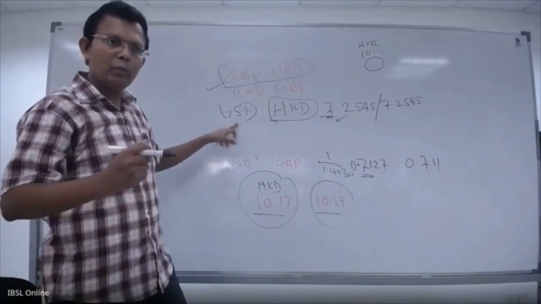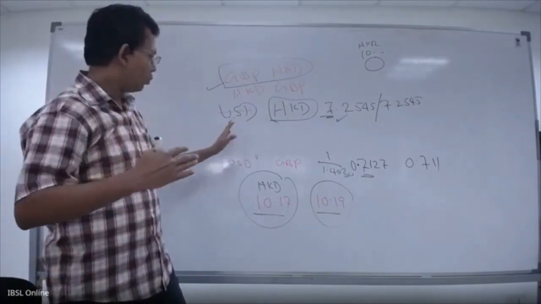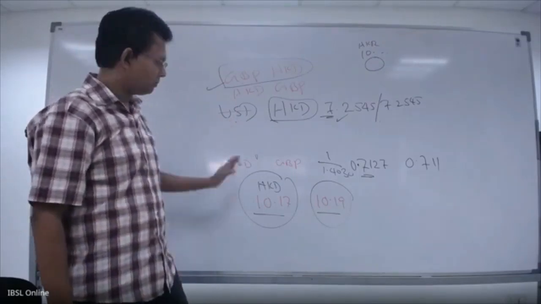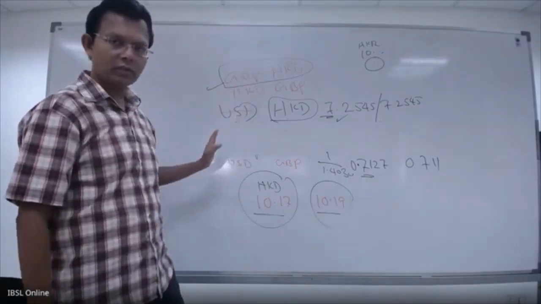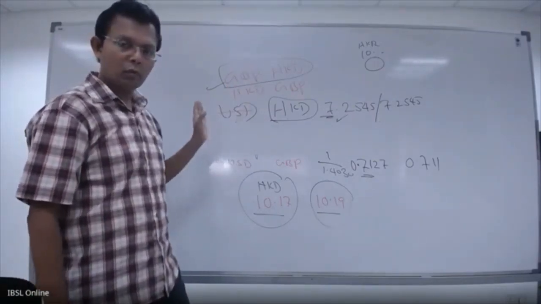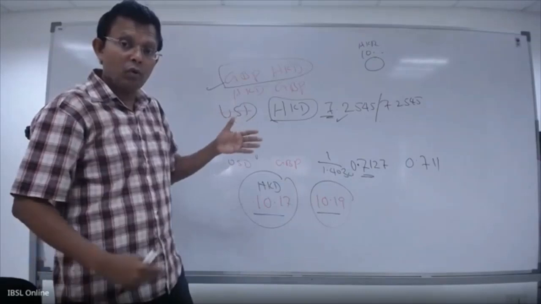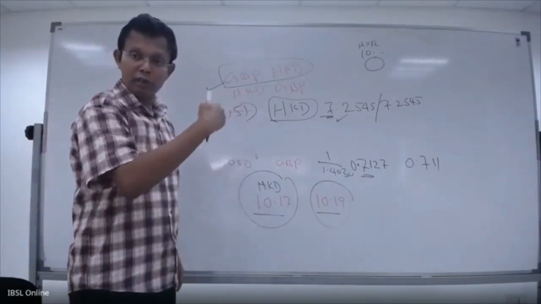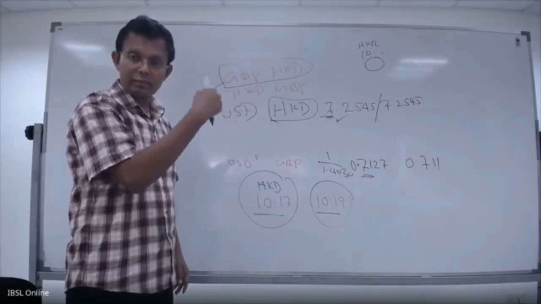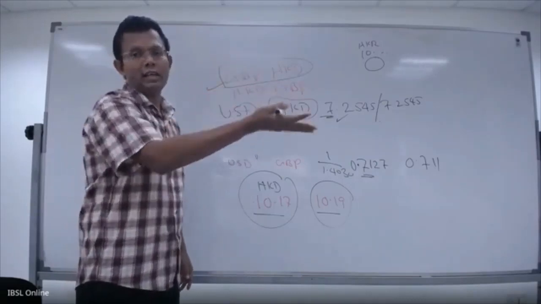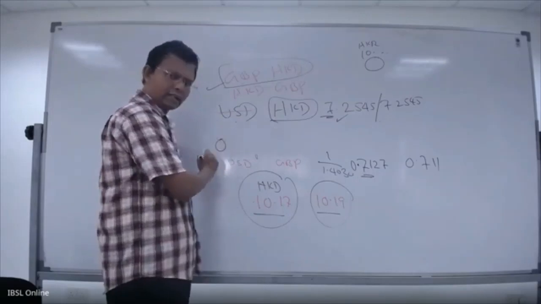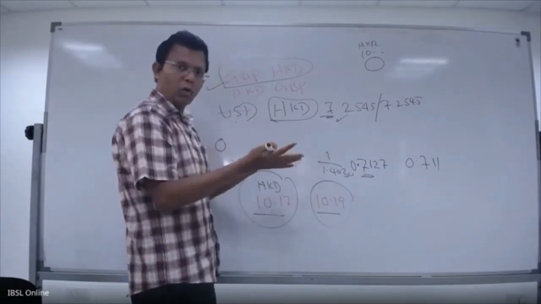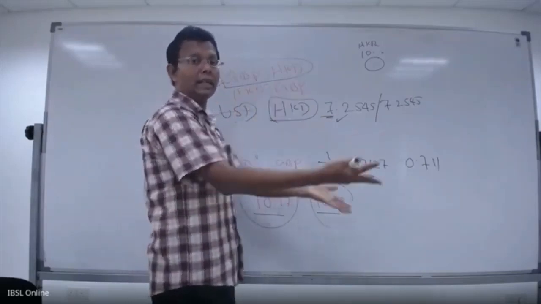Always the left hand side equals 1. Who pays more? HKD pays more. When you pay more for the currency pair, it should be on the right hand side, the amount more than 1. The left hand side always equals 1. So HKD pays more, so it has to be on your right hand side.